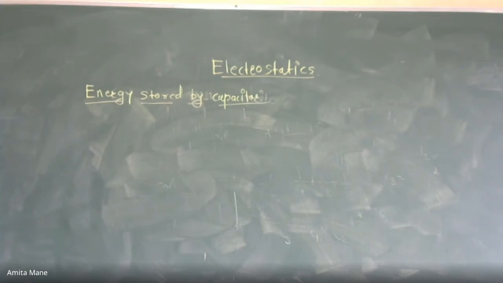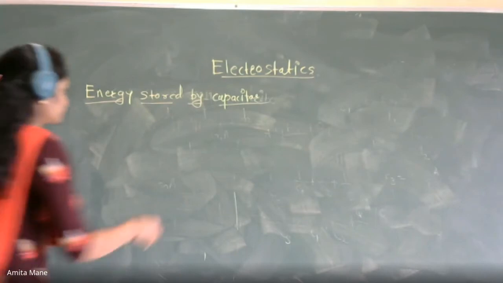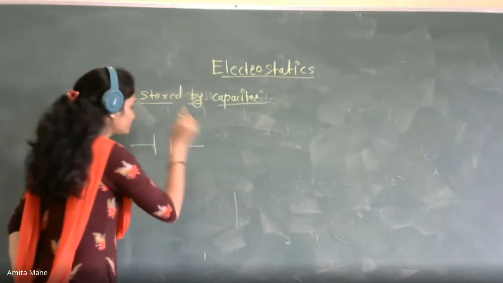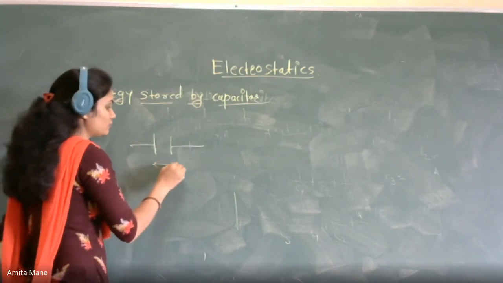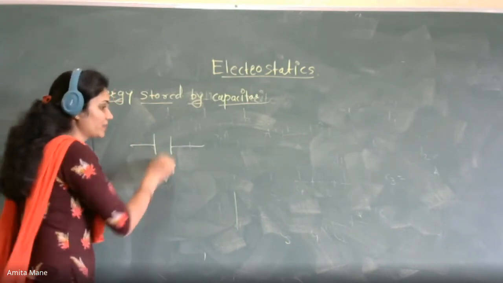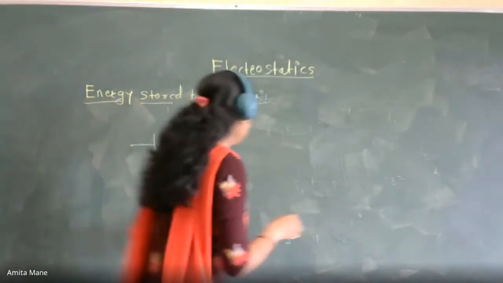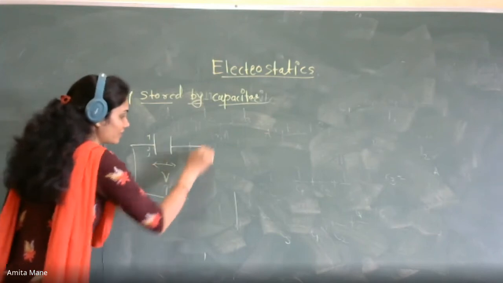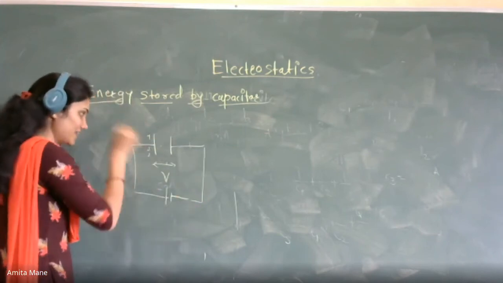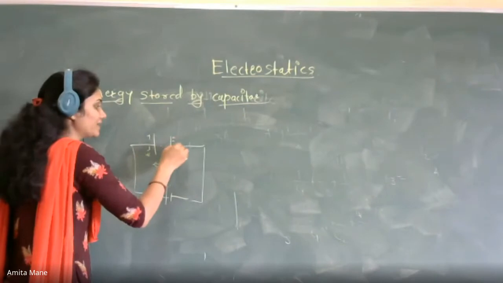Consider करो कि एक capacitor है और उसकी वैल्यू C Farad है, and it is to be charged at a potential difference of V volt. देखो एक प्लेट पॉजिटिव हो जाती है, आप इसको सप्लाई देते हैं, ठीक है? Then it gets charged and hence one will be positive, other will be negative.